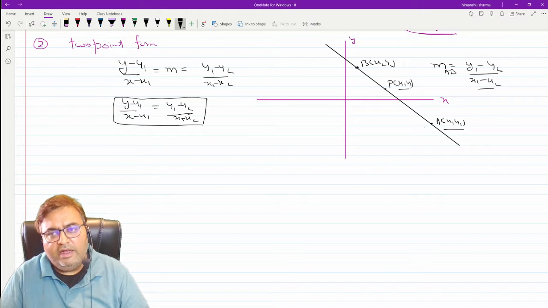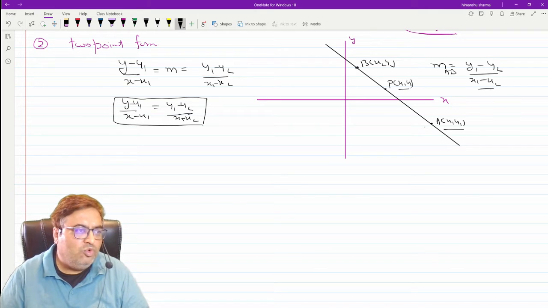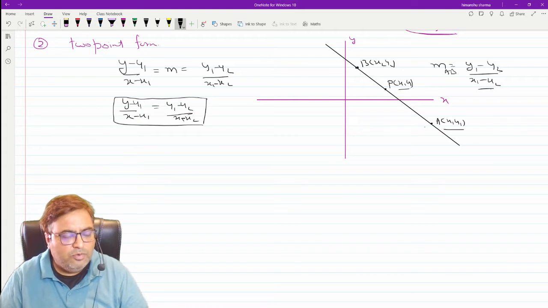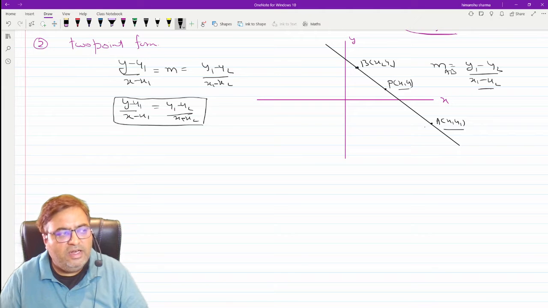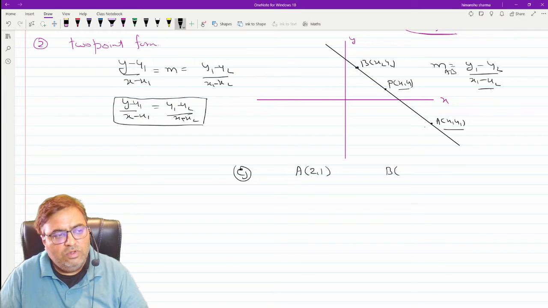Now some might have a query in their mind: sir, if 2 points are given, which one should be taken over here? You can take any one. You can take the first point or you can take the second point, but the final equation will come out to be the same. Let's take a simple example. I want to find the equation of a line which passes through A, that is 2 comma 1, and a point B, that is 3 comma 5.